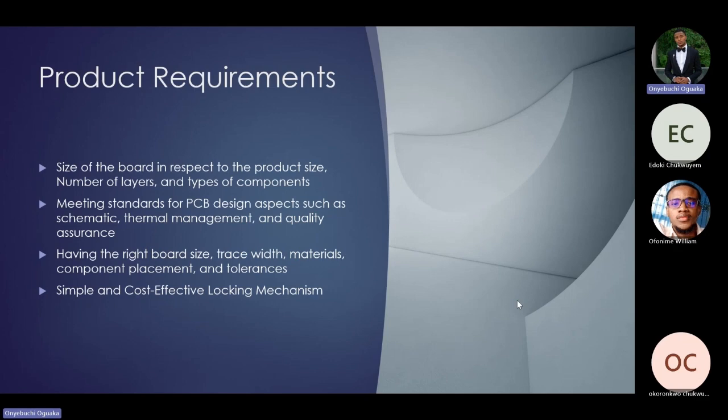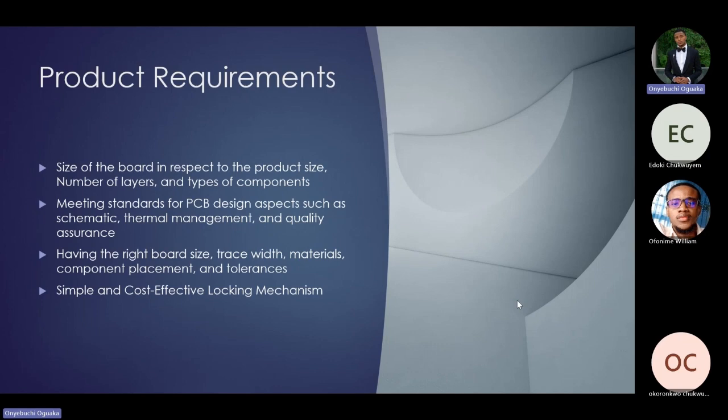So to minimize defects and also to enhance reliability, so that your product can work for 1, 2, 3 hours, 2, 3, 4 days, 1, 2, 3 months without any issue. And also to meet customers' expectations, because there is no way your product will be useful if it doesn't meet the expectation of the customer.